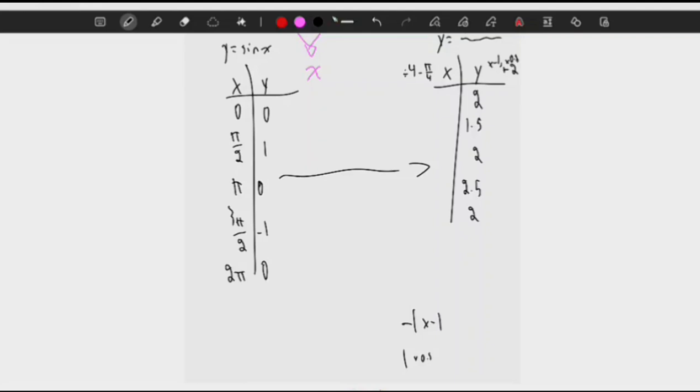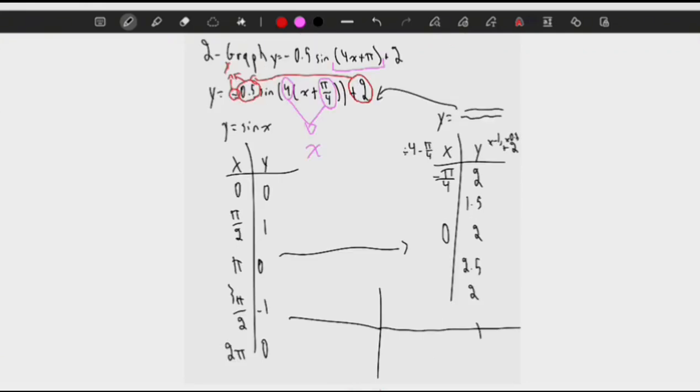Now for our x values, it's faster to do this on a calculator, which is what I'm going to be doing. I have a calculator right next to me. So the 0 is going to just be 0 divided by 4, which is 0. Now 0 minus pi over 4 is minus pi over 4. Then you have pi over 2 divided by 4 minus pi over 4. So sorry, this is going to be negative pi over 8.